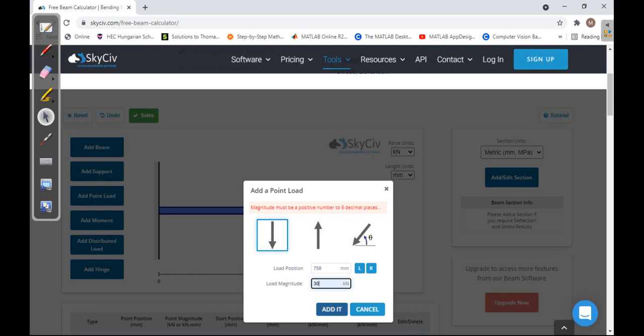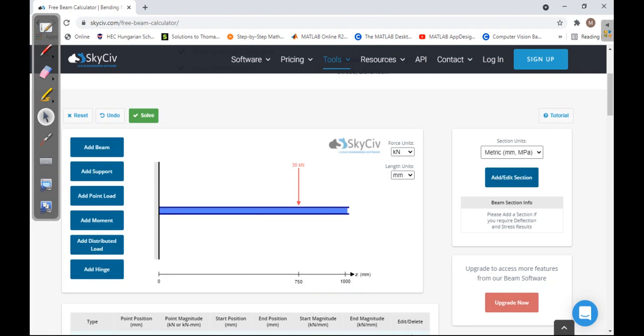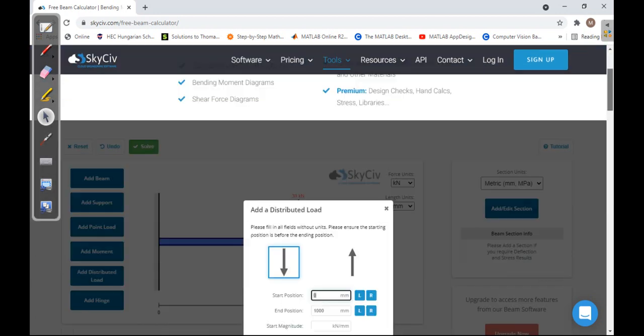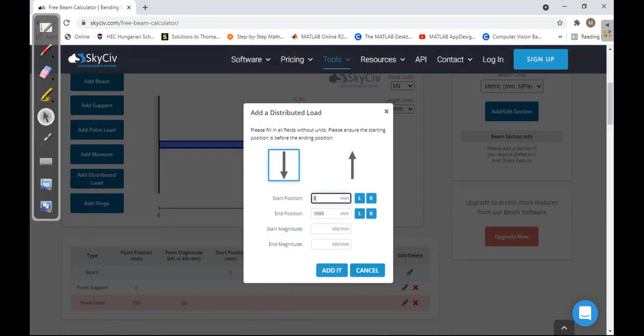Now the applied distributed load. If you want to put a distributed load you can use this, but there is no uniform distributed load here, so we will introduce another tool which can do it.